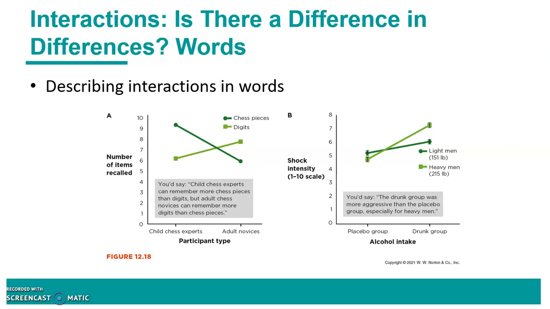So there are differences, but they're different depending on whether you're talking about child chess experts or adult novices. Here with alcohol intake and aggression, you could say the drunk group was more aggressive than the placebo group, especially for heavy men. That would be an example of a spreading interaction.